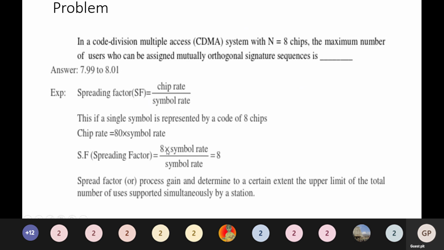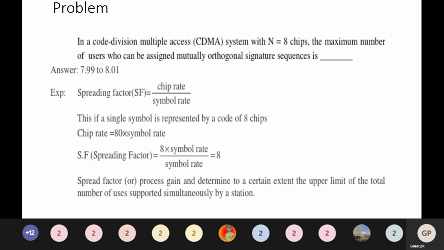So the spreading factor is 8 times the symbol rate divided by the symbol rate, which is 8. The spreading factor, or processing gain, is used to determine an upper limit on the total number of sequences. So the spreading factor is actually 8.